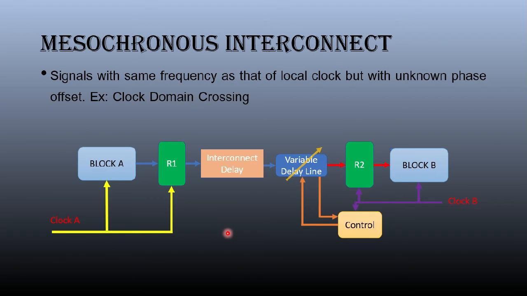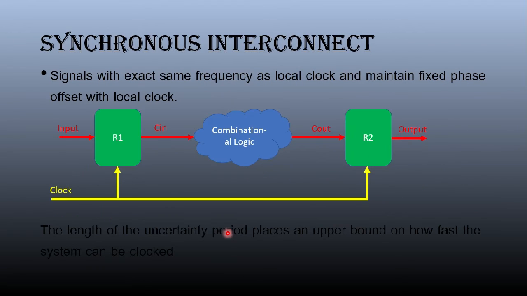Next is the mesochronous interconnect. In the previous case, in synchronous interconnect, we said signals with the exact same frequency as the local clock maintain a fixed phase offset. That phase doesn't change, right? We know there is a fixed phase. We don't have to have the exact same phase as that of the clock. What do we mean by that? We can have some delay after the clock edge comes.